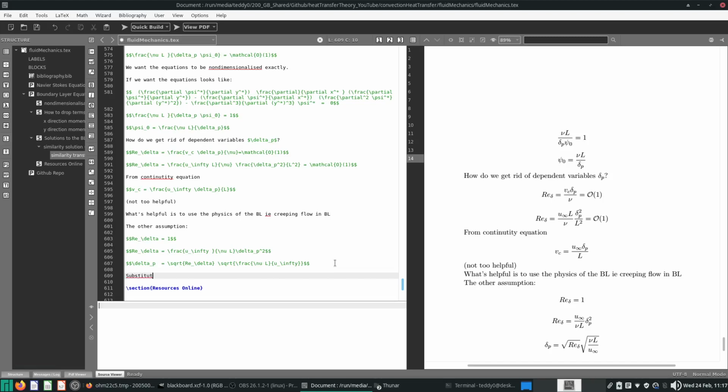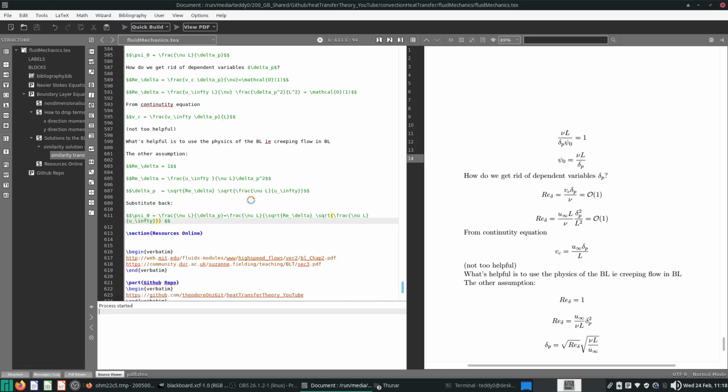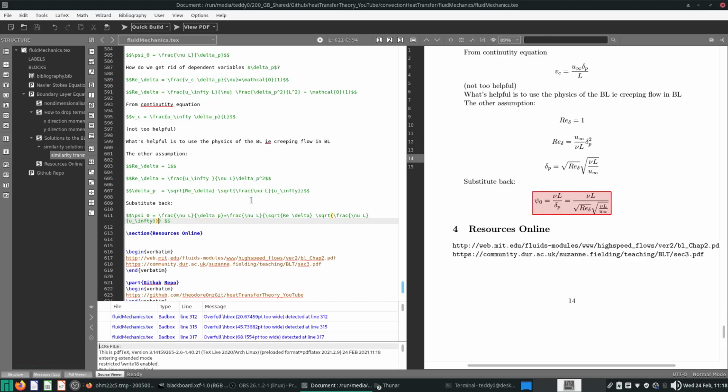Substitute back, and let's see, psi naught equals the fraction nu L over delta P, and you just substitute this in. I'll just copy and paste delta P in. I'm not going to do too much here. There you go.